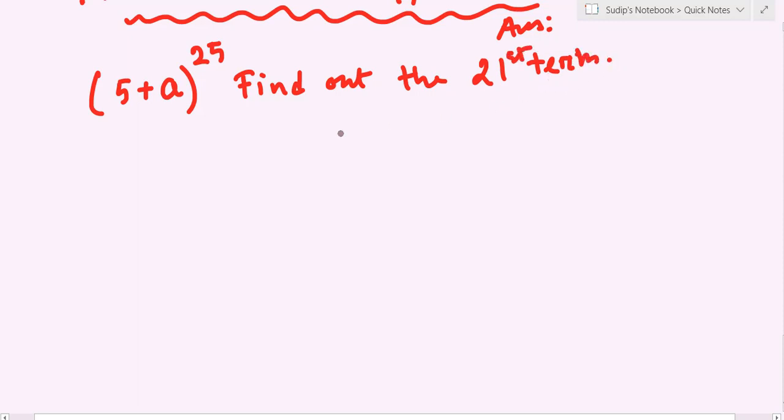Now you are given this binomial and told to find out the 21st term.